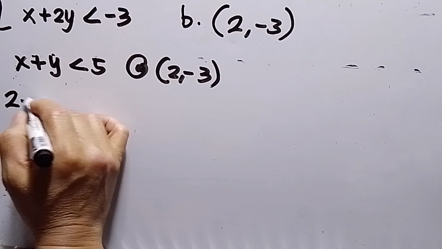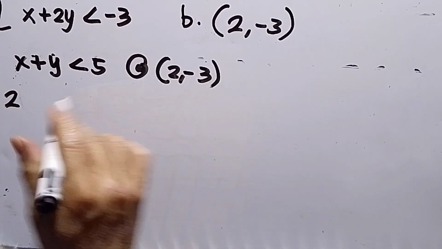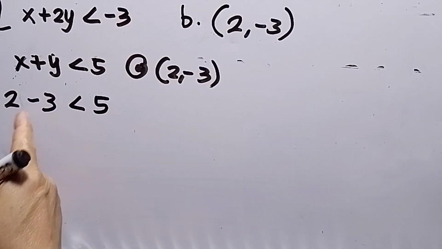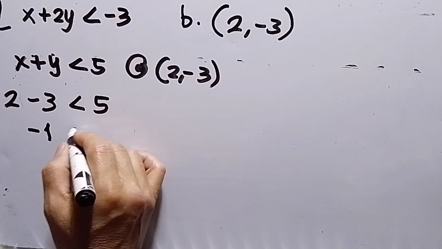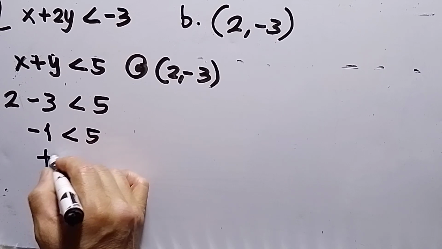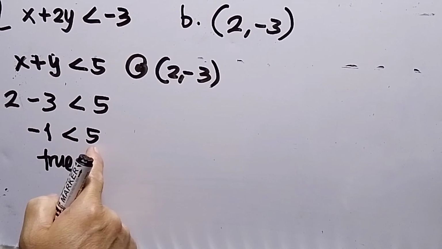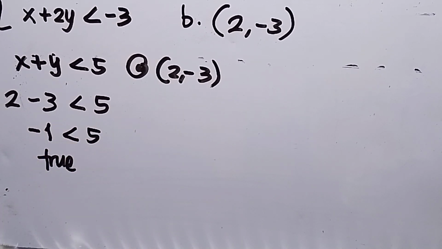So 2, minus, because positive times negative, because this is negative 3, so this is minus 3 less than 5. So this is 2 minus 3 is minus 1. Then this will be less than 5. This is true, because negative 1 is less than 5, meaning 5 is greater compared to negative 1.